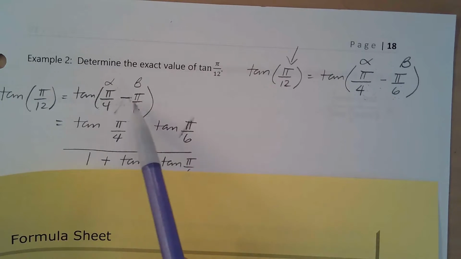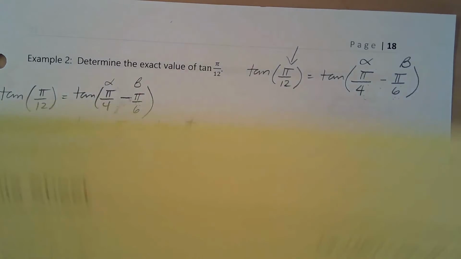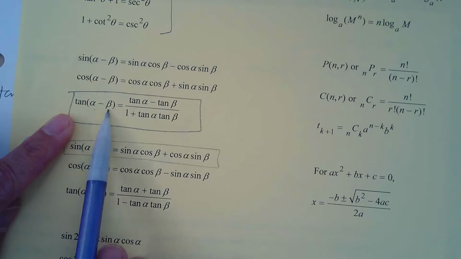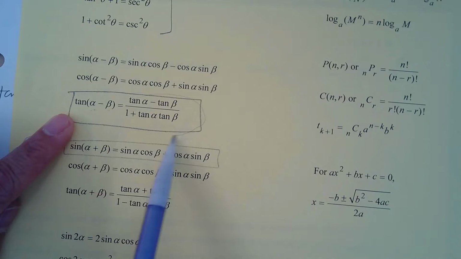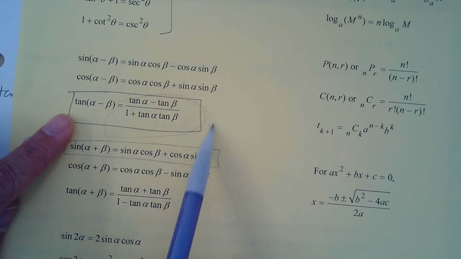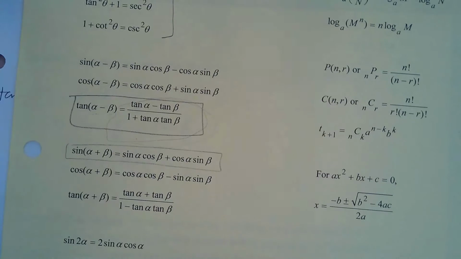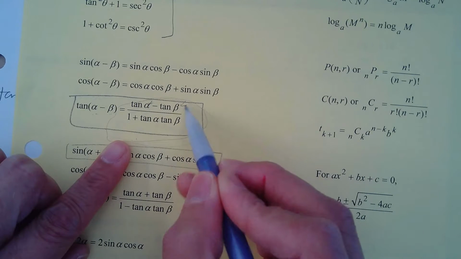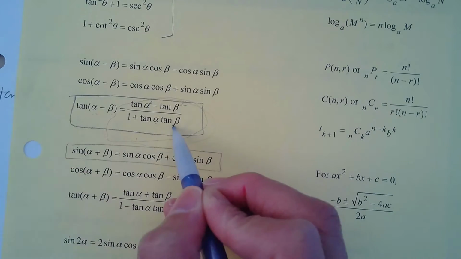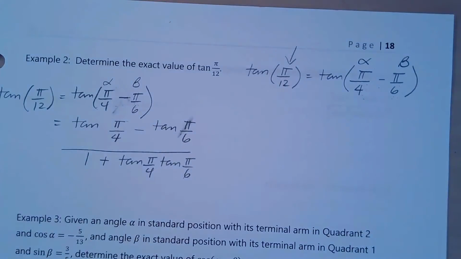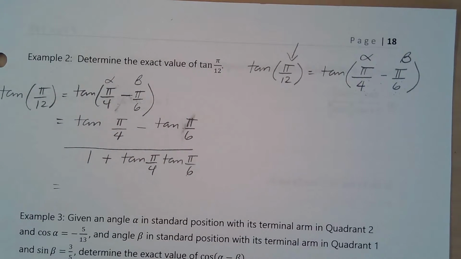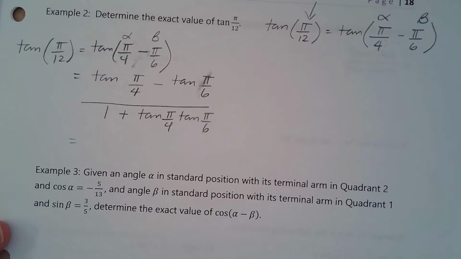So this is a difference of the angles, and I'm using this identity. Then here I substituted the first angle, second angle, first angle, second angle. Okay, good. Now from here, let's figure out what's tan of pi over 4. What's tan of pi over 4?